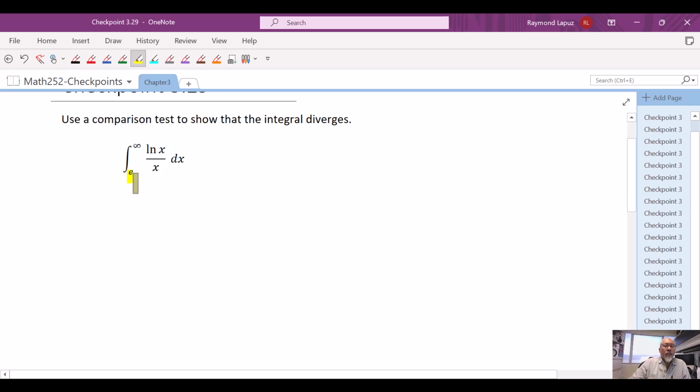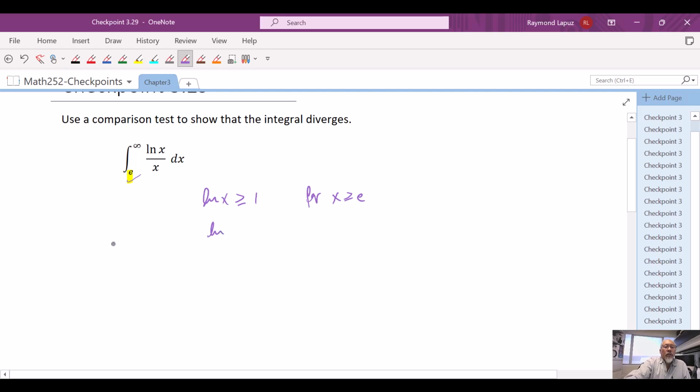And here x is bigger than e, so we'll make that assumption. ln of x is bigger than or equal to 1 for x bigger than or equal to e. And once we know that, we can divide both sides by x. Now we're dividing by a positive number because, again, we're looking at going from e to infinity.